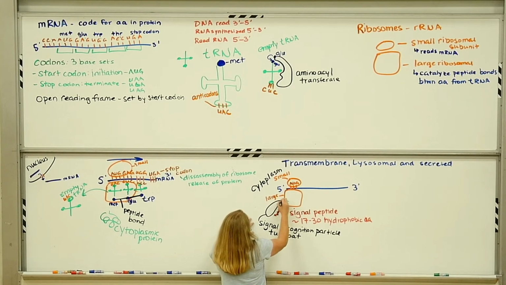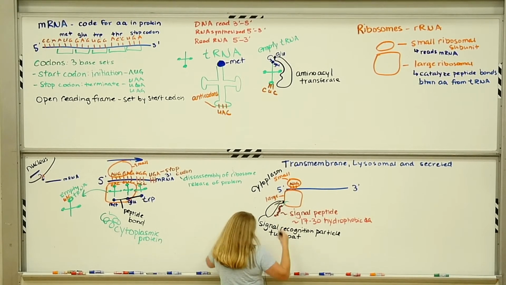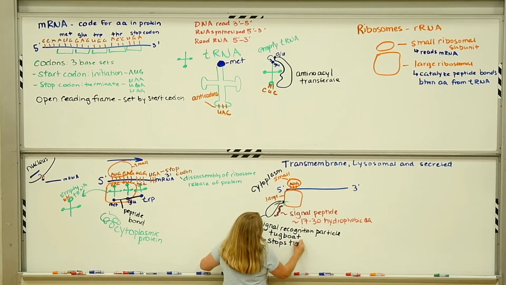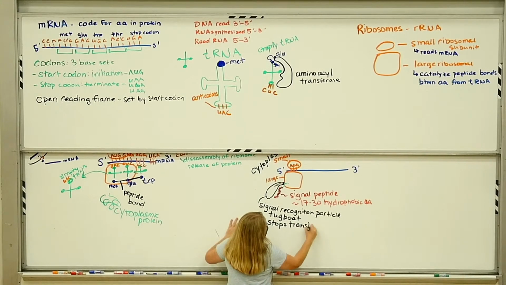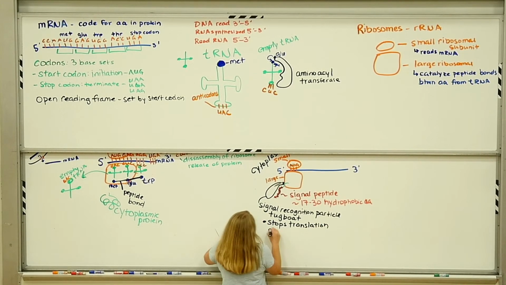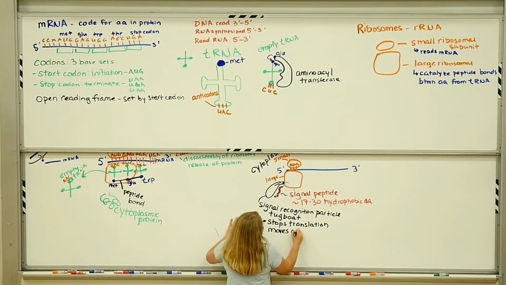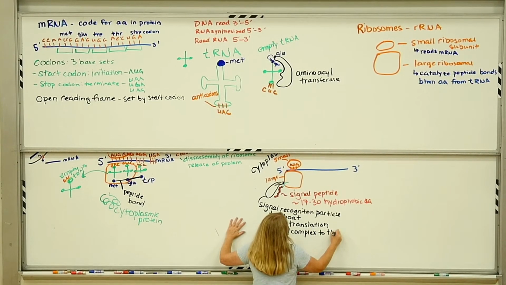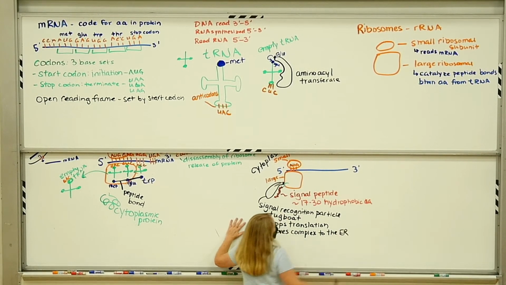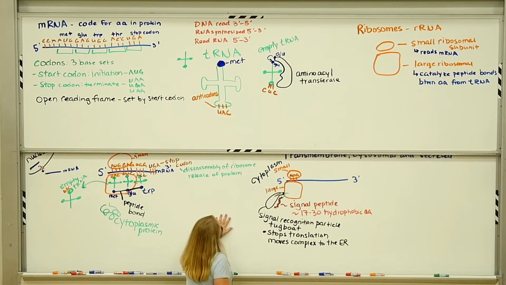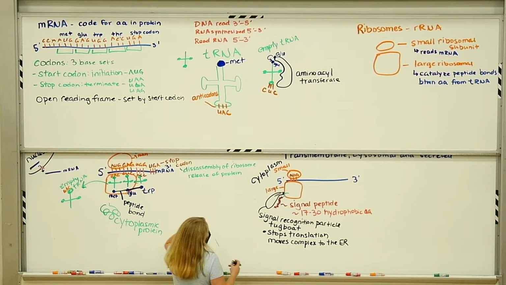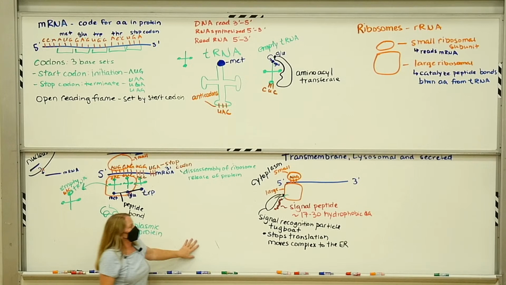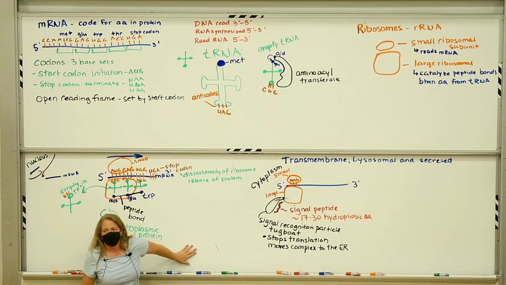This will stop translation, and moves the complex to the ER. All right. Do you guys have that written down? Because I'm going to have to go to another board and it's going to be hidden. We're good? Okay.